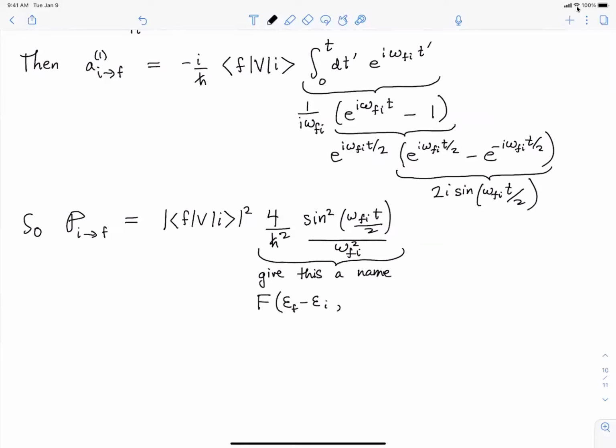And the other thing it depends on is time. Okay, and so another way of writing it would be this: 4 over the difference in energies squared, times sine squared of t times the difference in energies divided by 2 h bar.